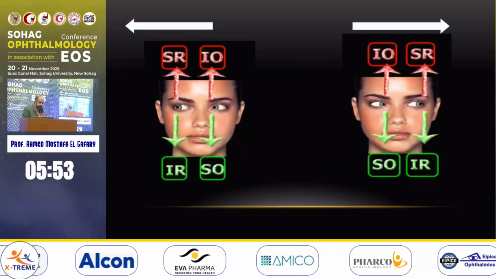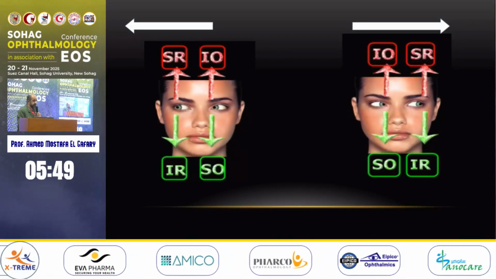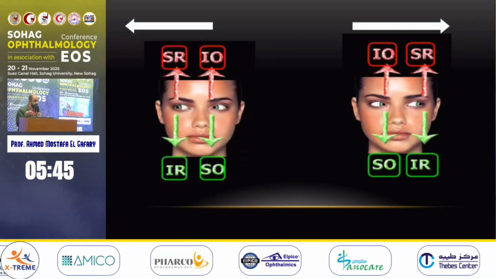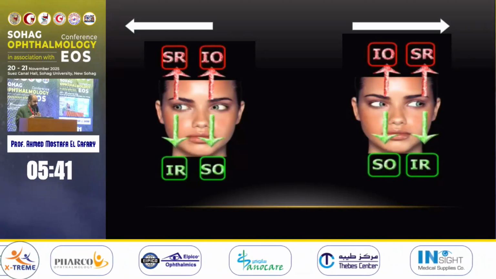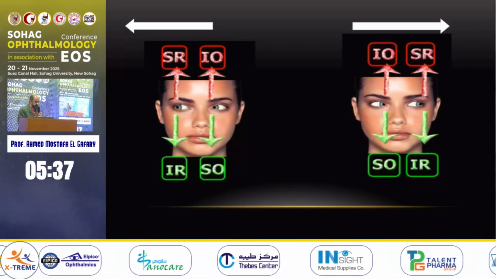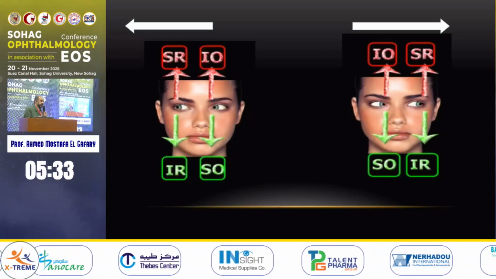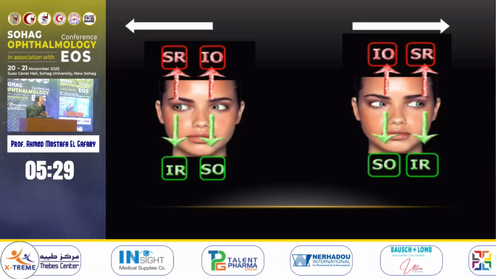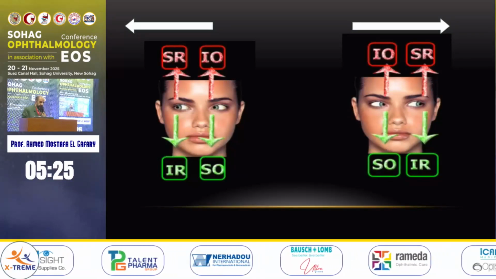So in abduction, superior rectus is the only elevator and inferior rectus is the only depressor, and there is no role for obliques in this position. And in adduction, also no role for superior rectus and inferior rectus. So the first differential diagnosis was between four muscles, two muscles in each eye.